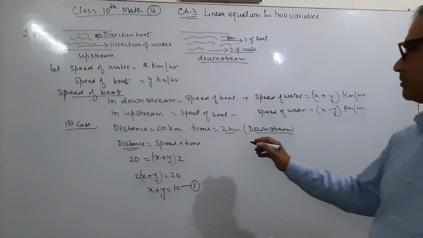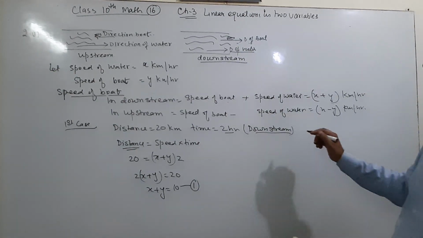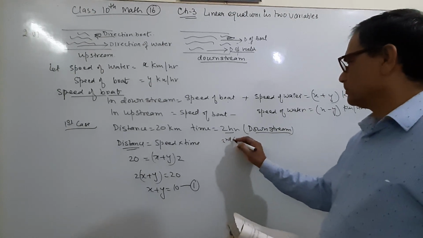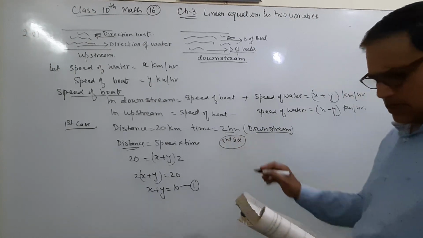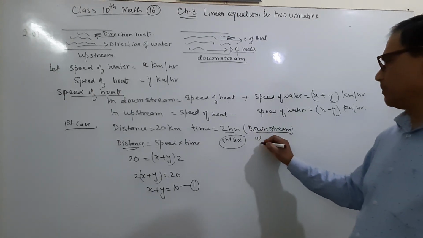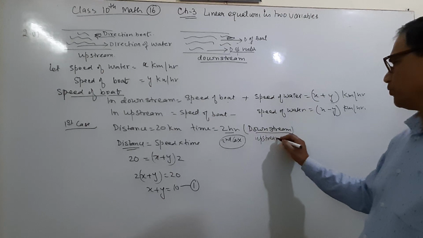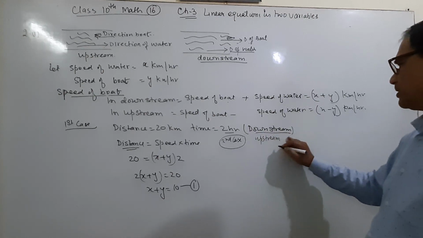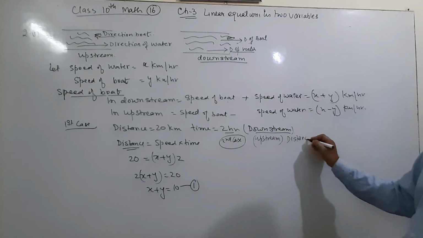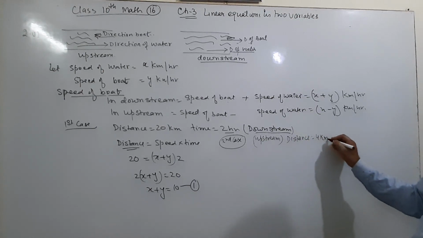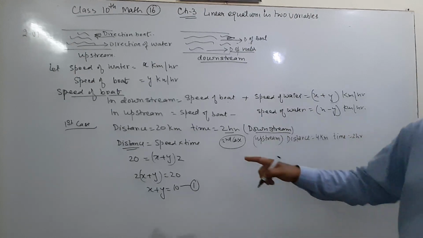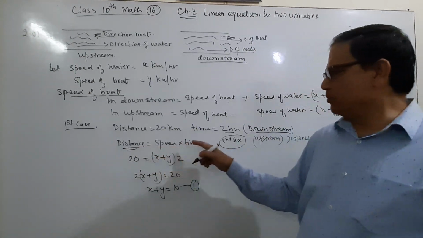And the second case is in upstream. In the second case, 4 kilometer in upstream, it means distance is 4 kilometer, and time is the same, 2 hours. So the same formula: distance is equal to speed into time.